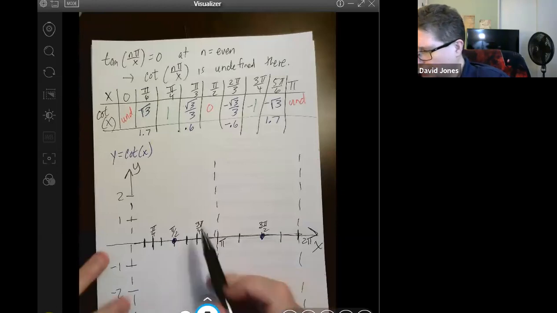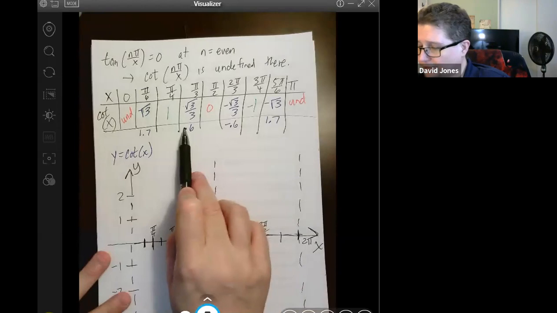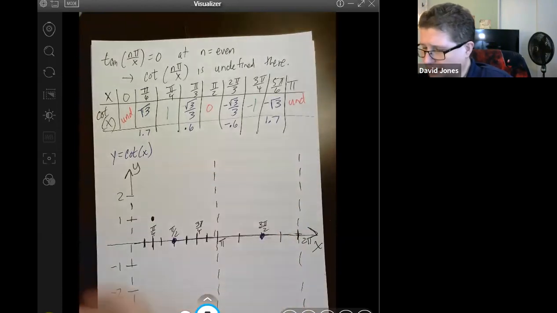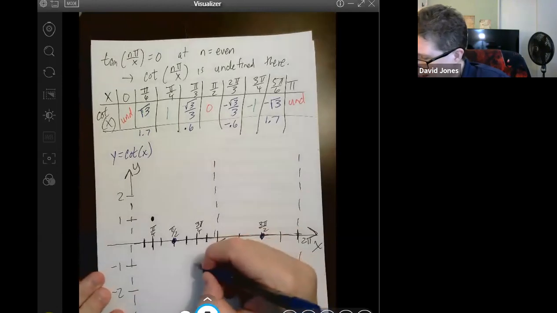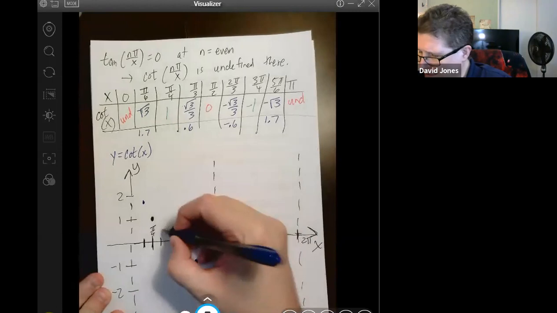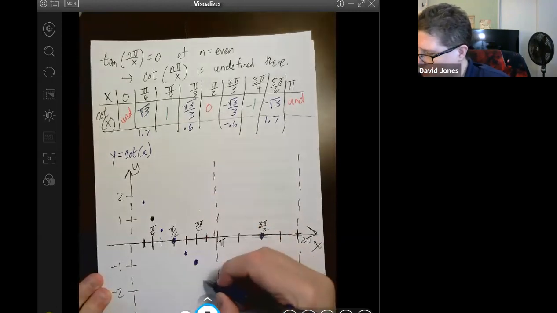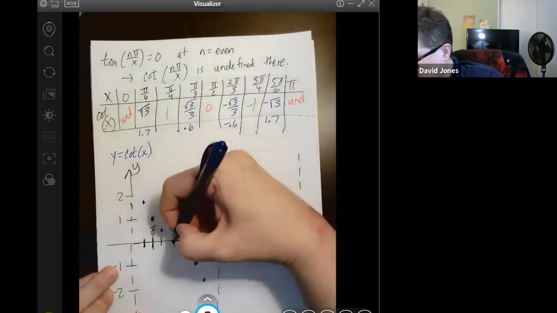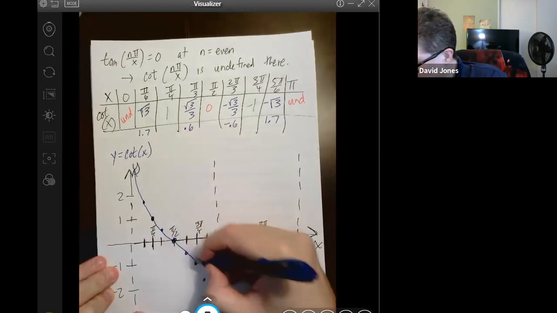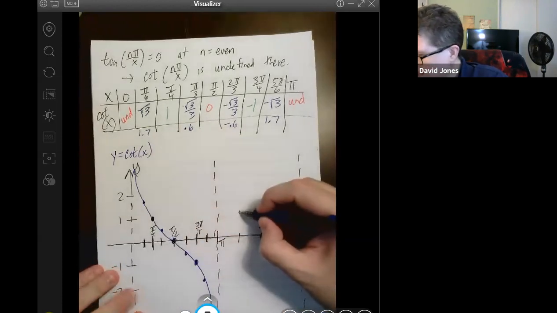So to the left of the 0, these values, they're positive. So that's a positive 1 there. That's a -1 there. And we got 1.7, 0.6, -0.6, -1.7. So it's kind of like tangent. This repeats.